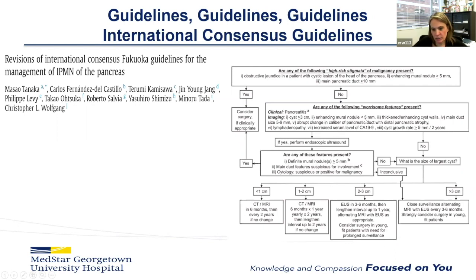I think as our imaging gets better, any enhancing mural nodules essentially will be high enough risk to be up here, but I think our resolution is still low enough that we're stuck wondering about these patients.